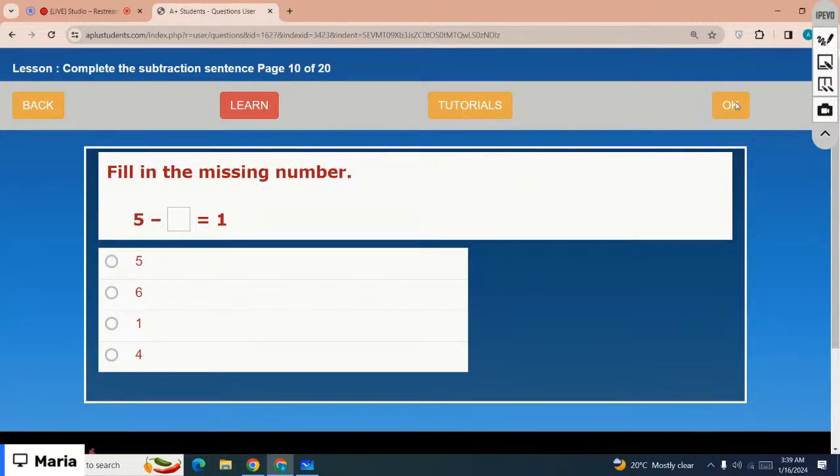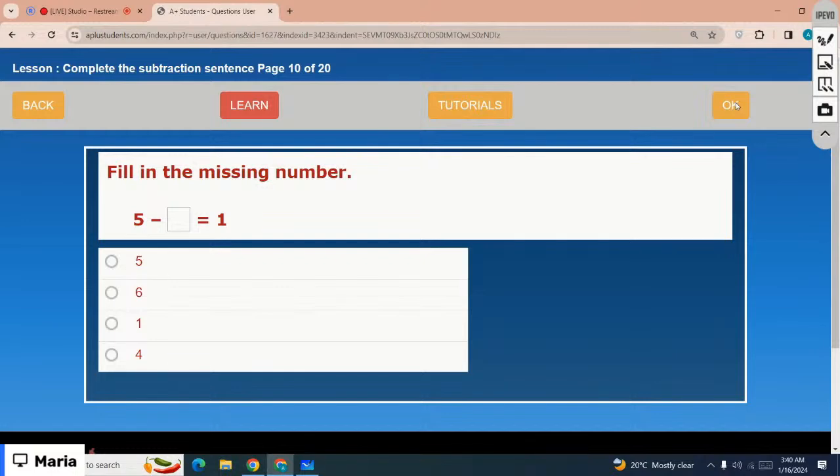Okay, the next one is 5 take away missing number equals 1. Yes, that is 5 take away 4 equals 1.